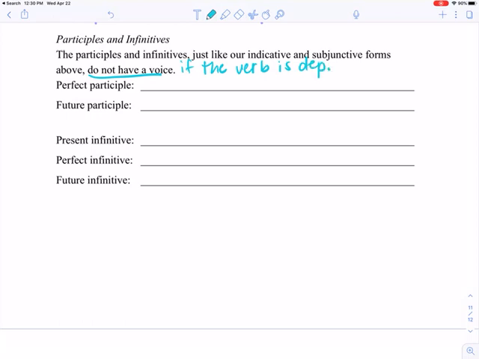So your perfect passive participle is the third principal part minus the sum. Okay, so for example, partitus. And so it means, and I'm running out of room here, so I'm sorry, having divided.